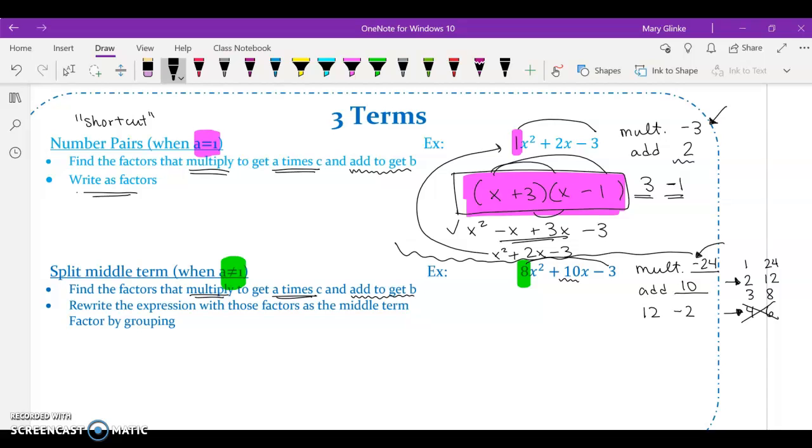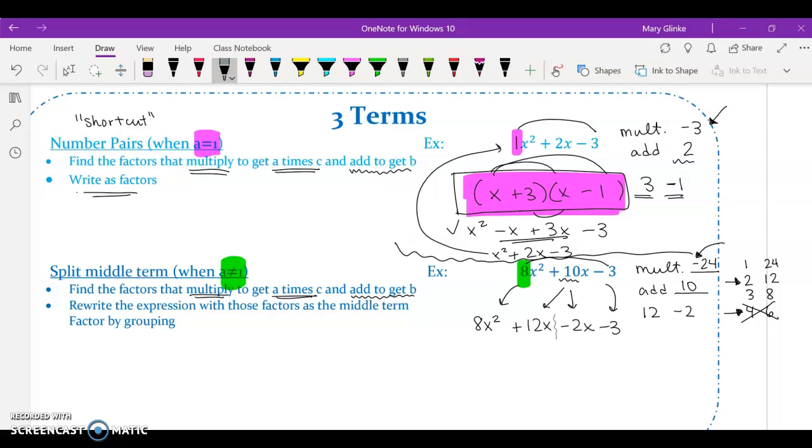Now we have to do this next part. We cannot just jump to our answers because we have an a value. So we bring down our ax squared term, we bring down our c term, and we split up the bx. So we have 8x squared plus 12x minus 2x minus 3. Then this looks like the problem we just did with 4 terms.